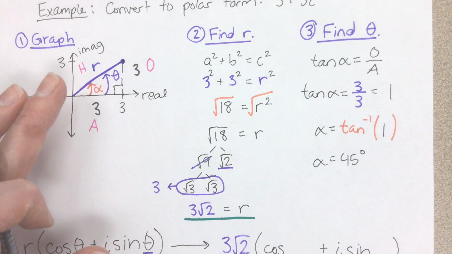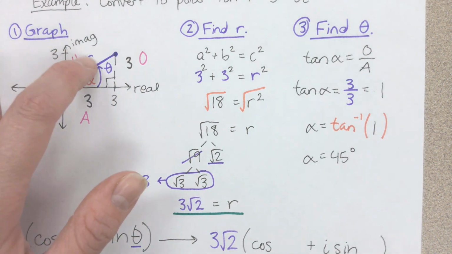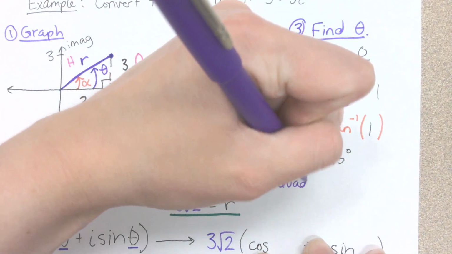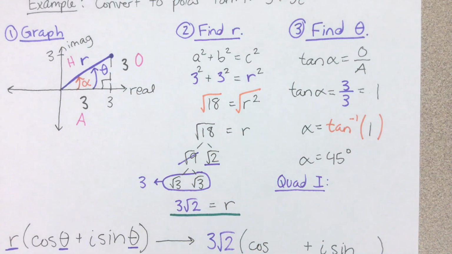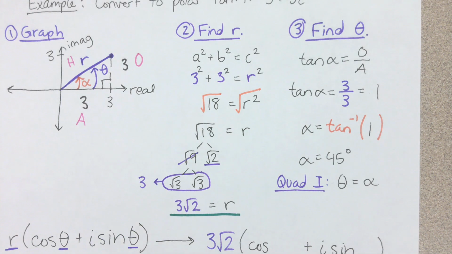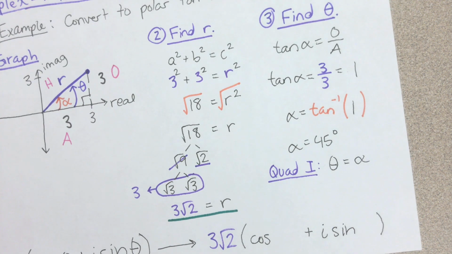Remember, the goal is to find theta, so alpha is just a stepping stone to get there. We're in the first quadrant. And in quadrant 1, the rule is that theta equals alpha. If you remember those rules that we wrote down yesterday, the rules we've been using for about half the year now.